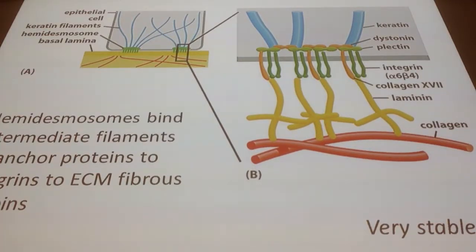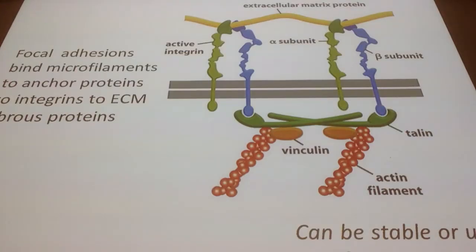Does that make sense? And then by anchoring onto the intermediate filaments, the cytosolic domain will tell the extracellular domain or the non-cytosolic domain that, okay, everything is good. Now this is a hemidesmosome and not anything else. And by being a hemidesmosome, that tells the cell that this performs a certain function. Does that make sense?